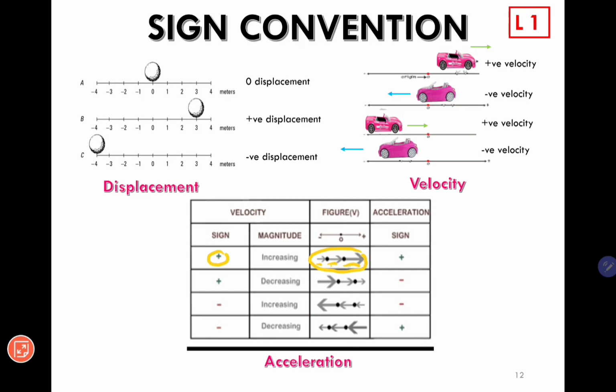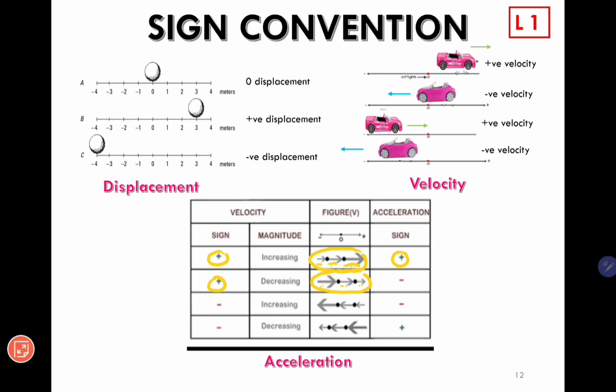So the length increased, which means that the magnitude also increased, so the object accelerates. It must be positive. For the second one, the velocity is directed to the right, still positive. But now please refer to the length of each vector here. It becomes shorter, isn't it? That means the magnitude decreases, so the object is slowing down, or it decelerates.